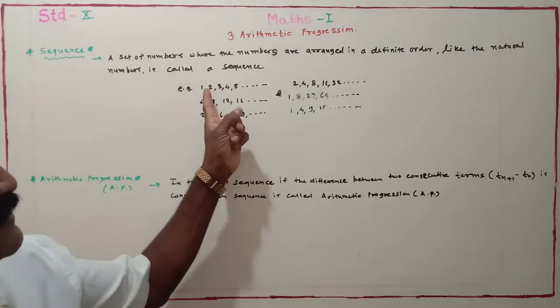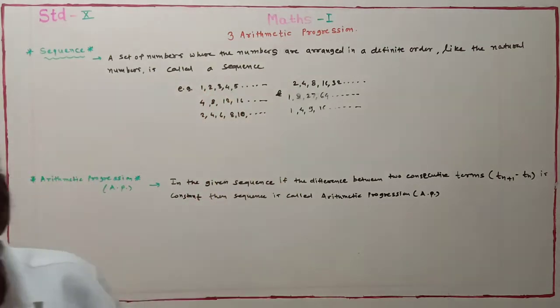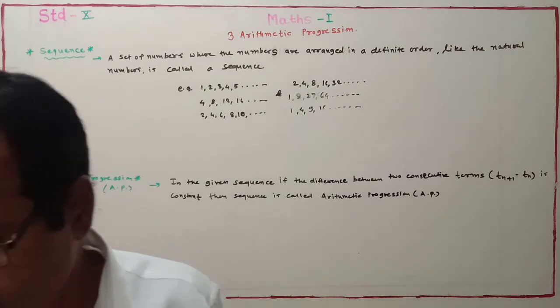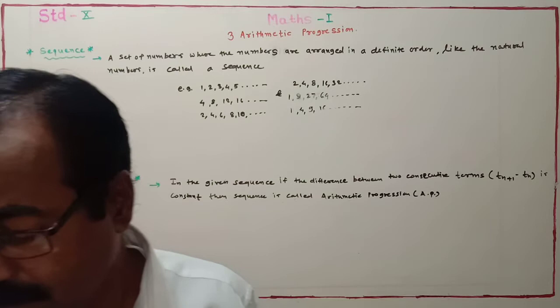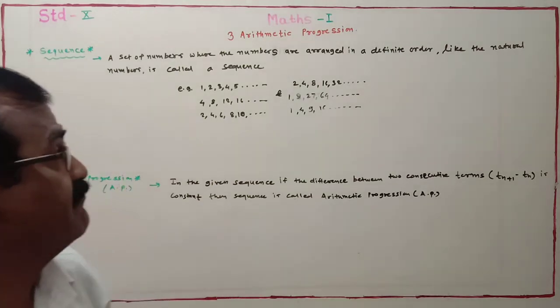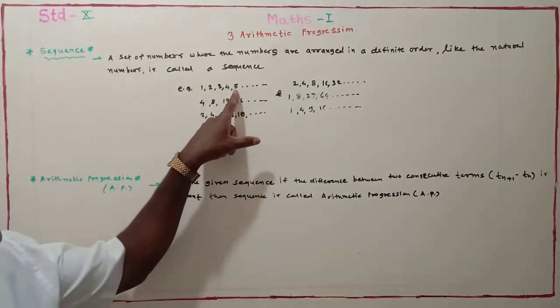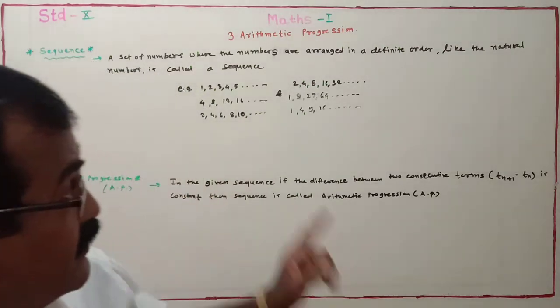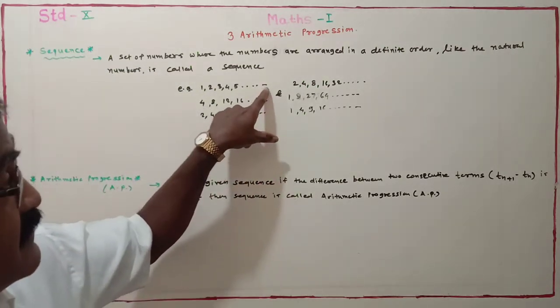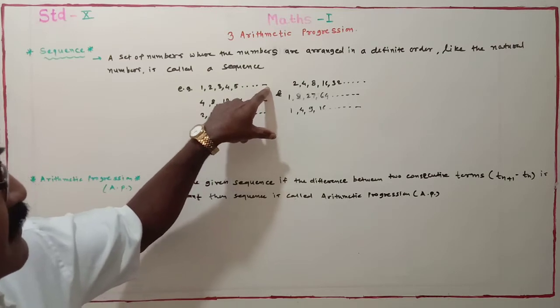In these numbers there is one order. We can tell the positions of any numbers. For example, this number is in the fifth position.